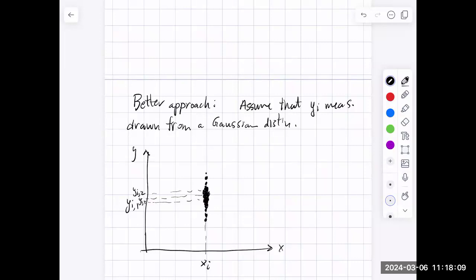And if you do that, we could make a little plot of the density of points as a function of y. It would look something like this. I want my peak to be where the points are the densest, so that's going to look something like this.